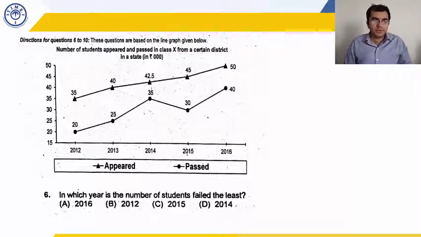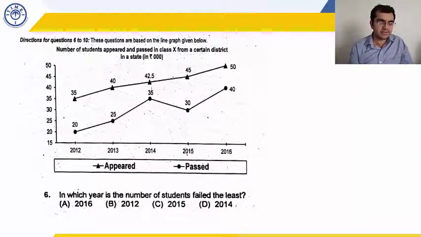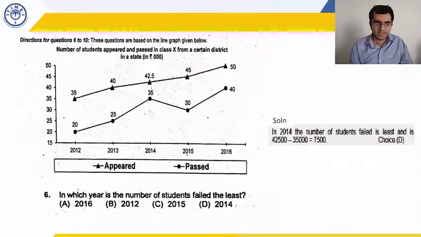While interpreting this problem, we saw that how many students failed in which year can be easily calculated as simply the difference between appeared and passed. In 2016 the number of students who failed is 50 minus 40, that is 10,000.